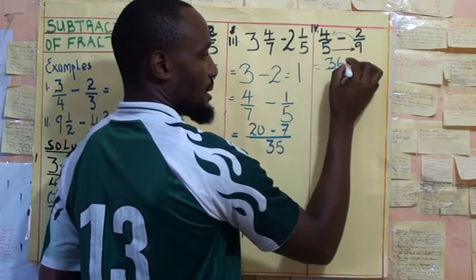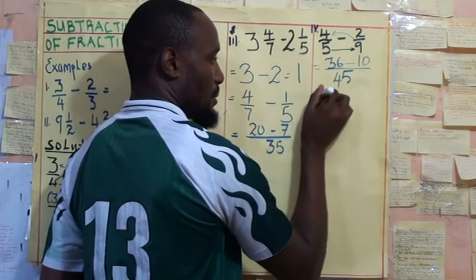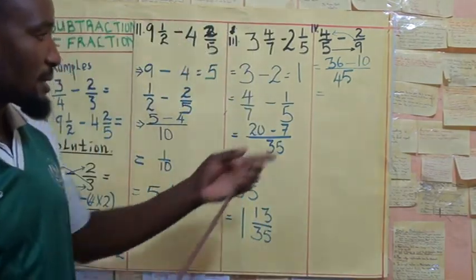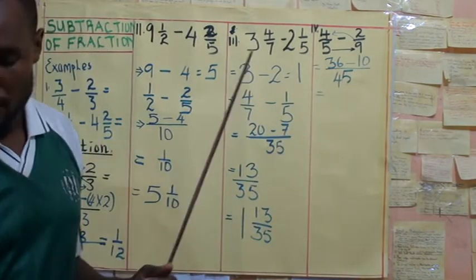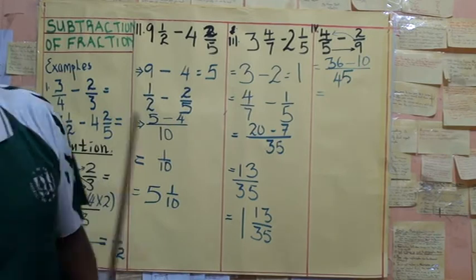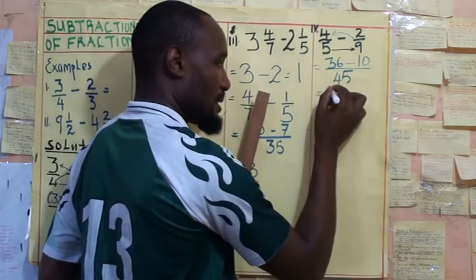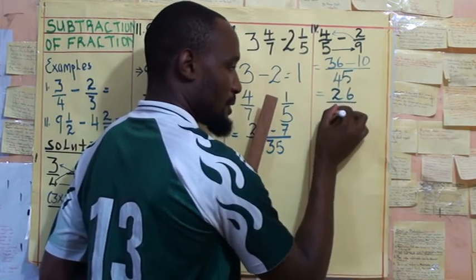Then 5 times 2, that is 10. Which gives us 36 minus 10, which is 26, over 45.